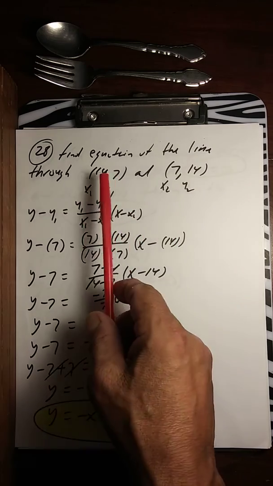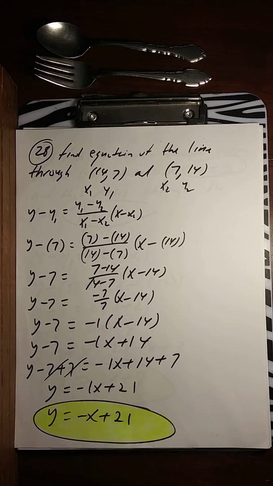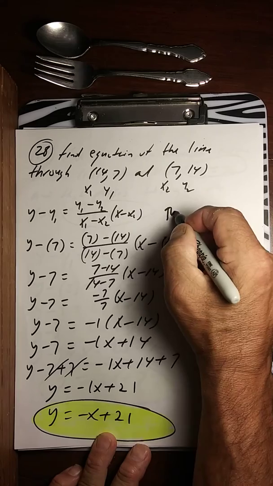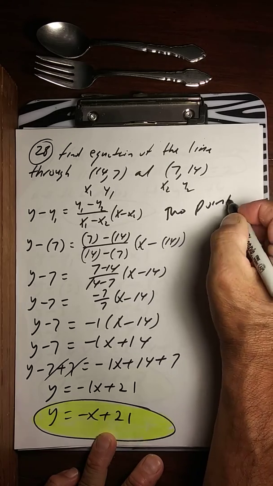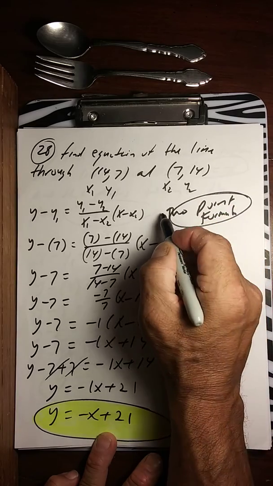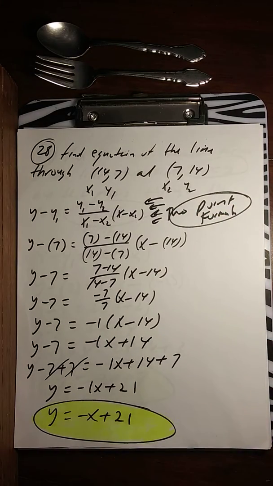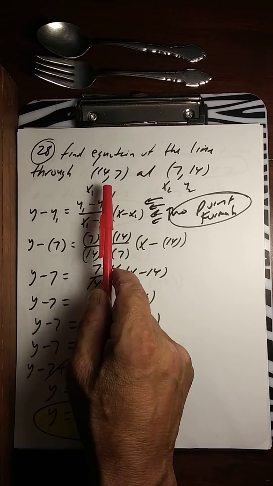Find the equation of a line that goes through 2 points. So let's use the 2-point formula right here. Let me just label that: 2-point formula. Okay, that one right there. Now put the numbers in there.